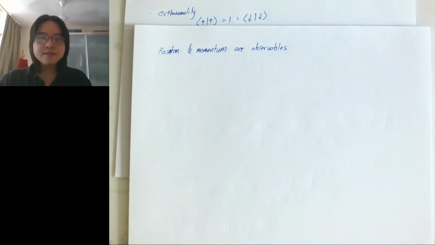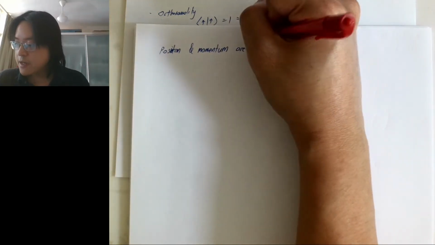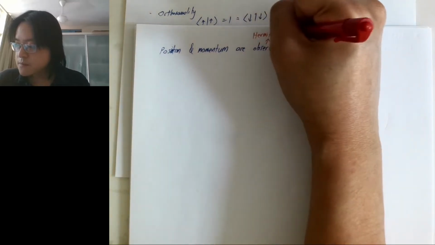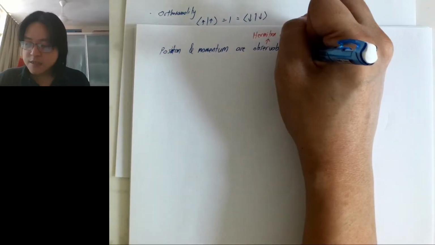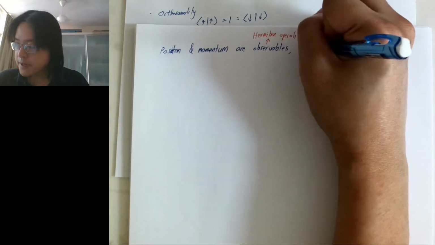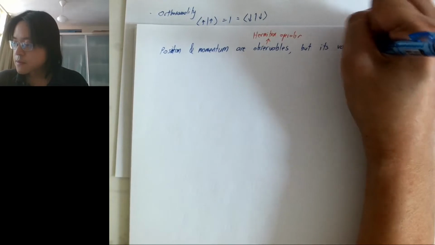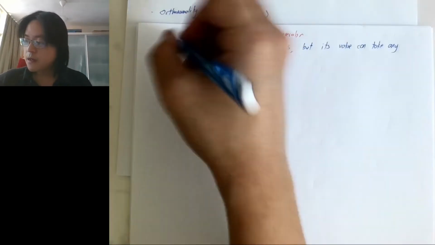So that means by the postulate of quantum mechanics, we should have a Hermitian operator associated to it. These are observables, but here is the problem, right? Its value can take any continuous value.